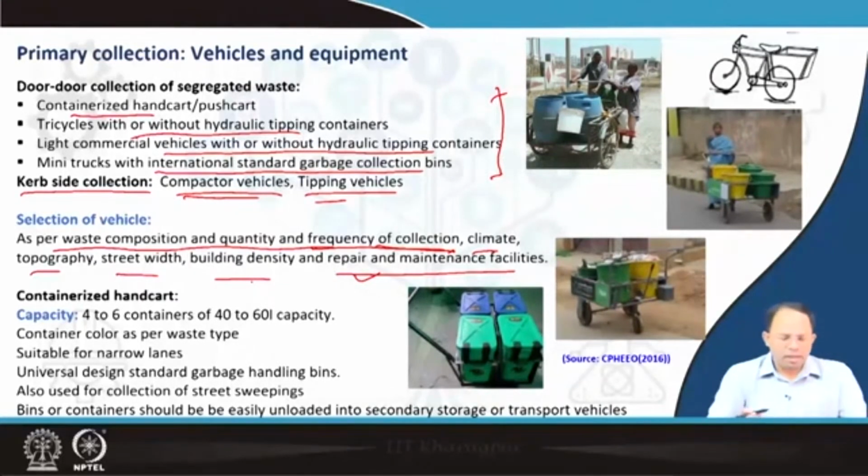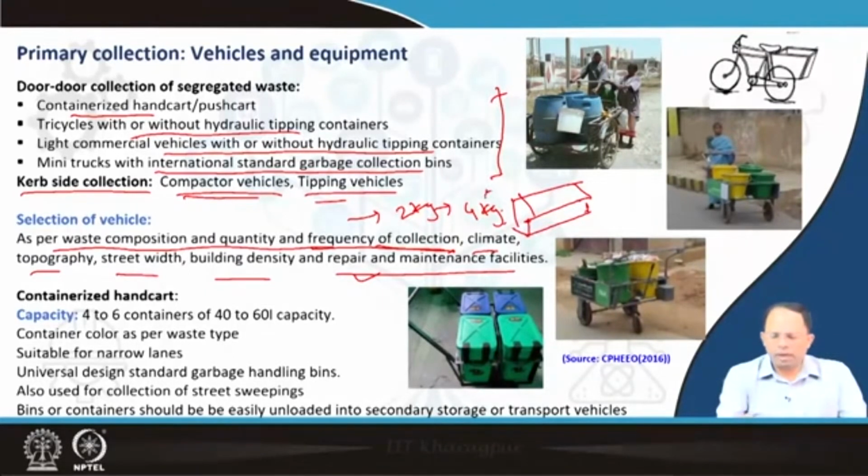For example, if I collect waste every 2 days, that means obviously the waste content would be doubled. If a normal household generates 2 kilograms of waste, then collecting every 2 days it will become 4 kilograms. Now suppose the capacity of that particular vehicle is 40 or 50 kilograms.